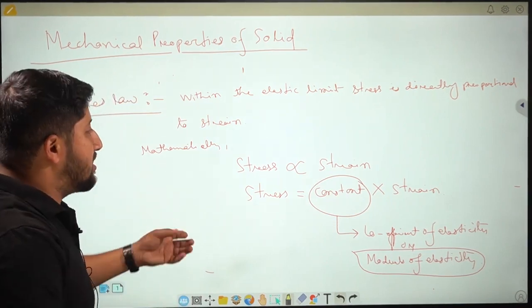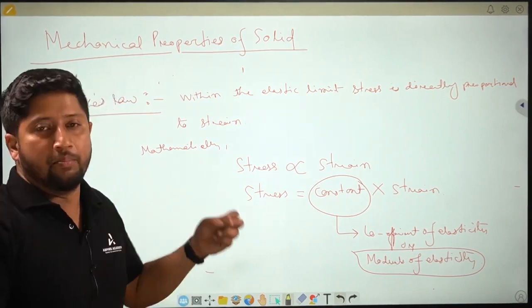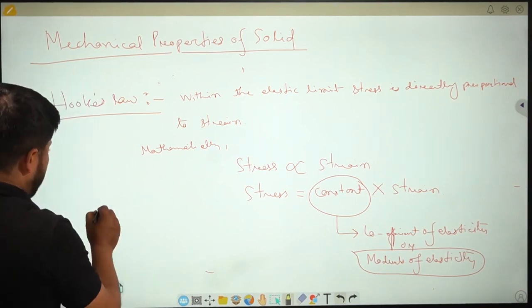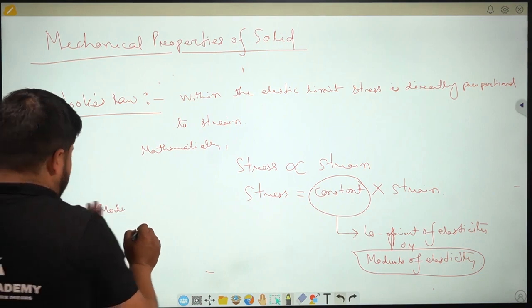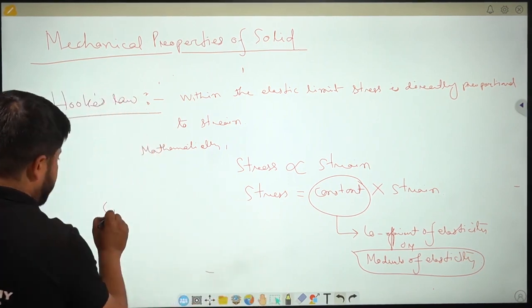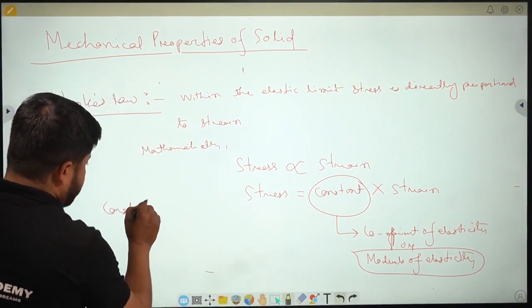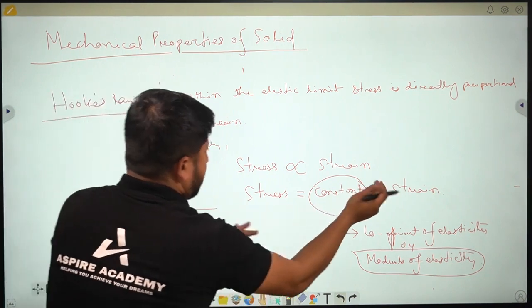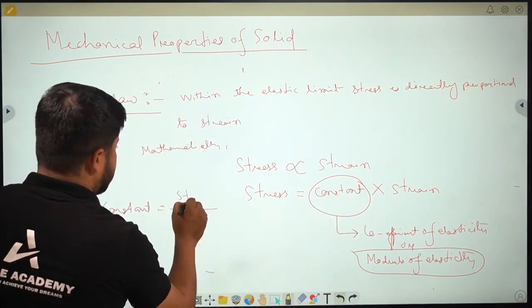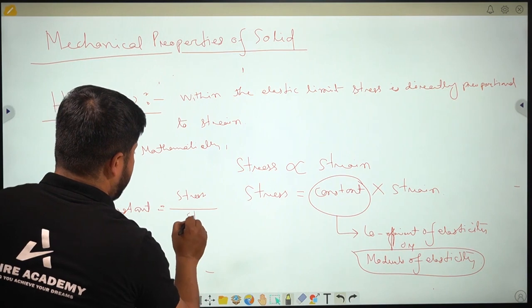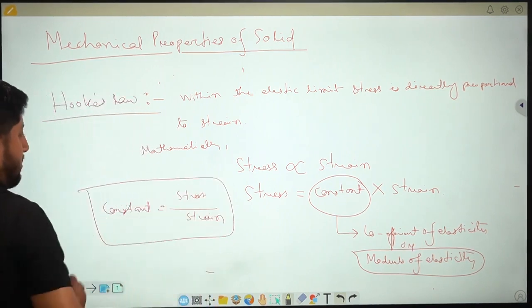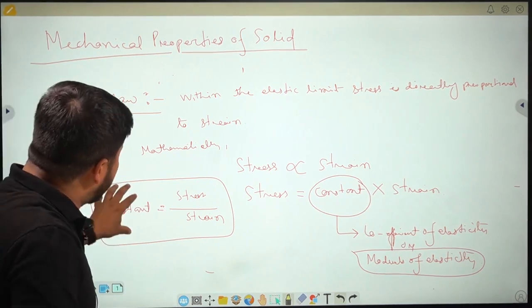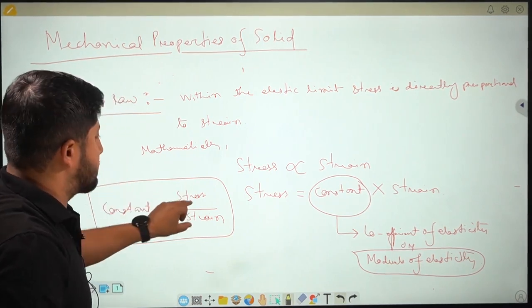So what is the constant? This constant we can call the modulus of elasticity. Now the constant is equal to stress divided by strain. This constant is called the modulus of elasticity, and it is stress by strain.